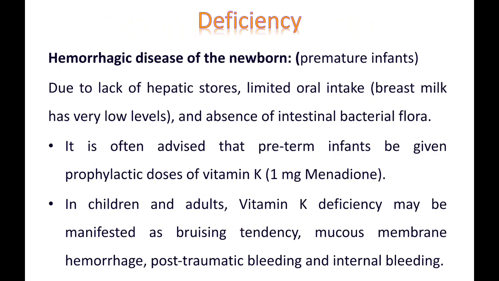So that is why premature infants and newborns are advised to be given 1 milligram of menadione, that is vitamin K3, as an intramuscular injection. In children and adults, vitamin K deficiency may lead to bruising tendency, mucous membrane hemorrhage, post-traumatic bleeding, and internal bleeding.